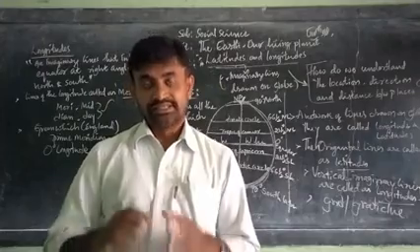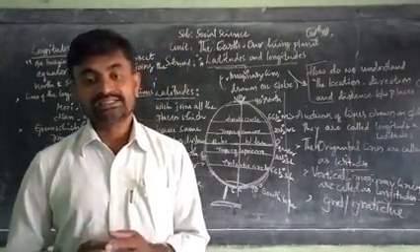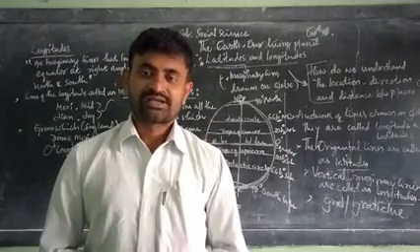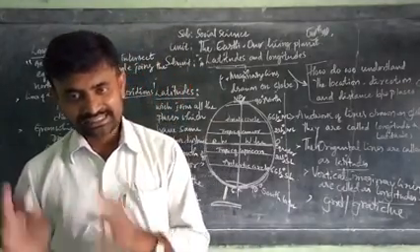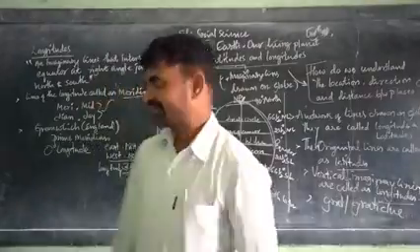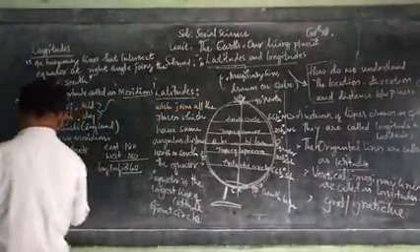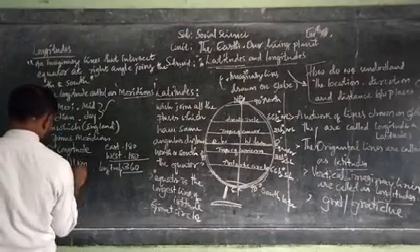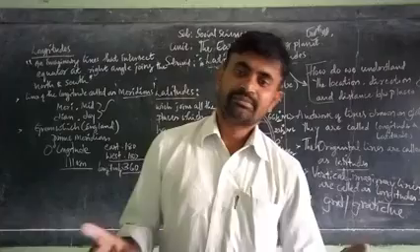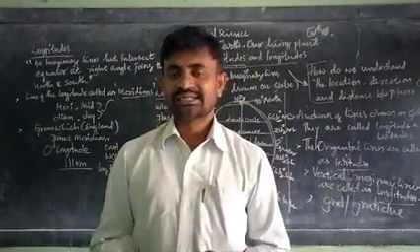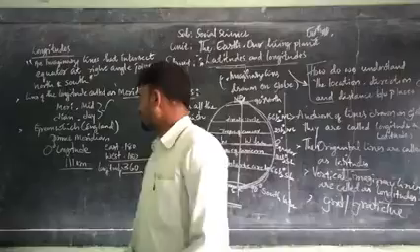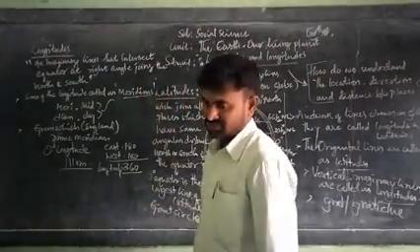This is because meridians of longitude converge at the two poles. On the equator, the distance between two consecutive meridians is 111 kilometers. That was the distance on the ground. See, this is what we call longitudes.